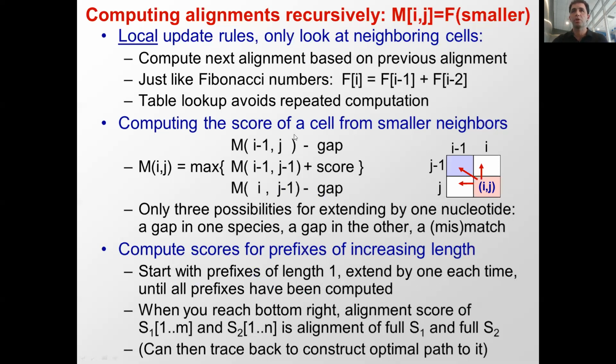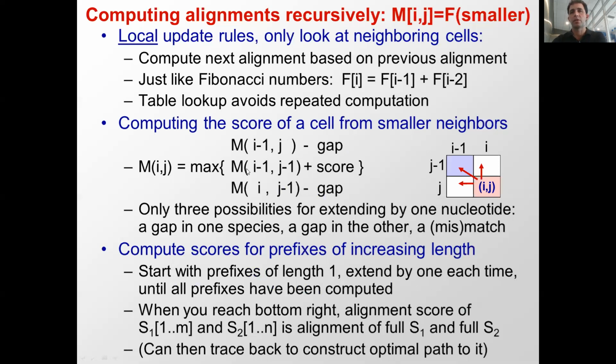So we're now going to be computing the score of a cell from smaller neighbors, where the maximum score of aligning the ith prefix of S1 to the jth prefix of S2 is in fact simply the maximum of the I-1 to J alignment. And that's the maximum possible score I could have, minus the score of a gap and the cost of a gap.